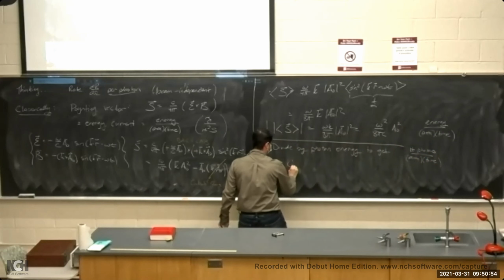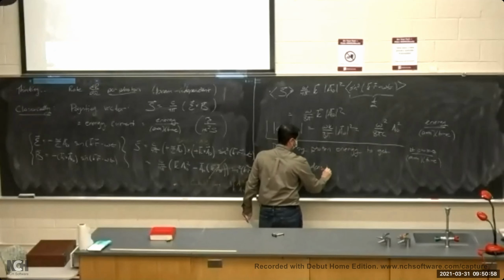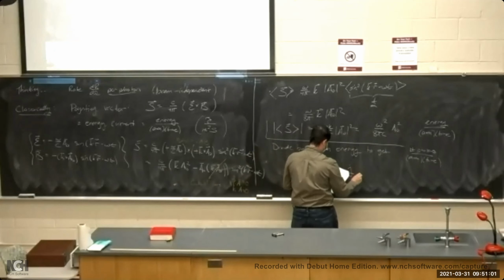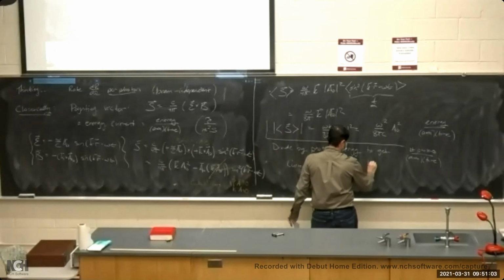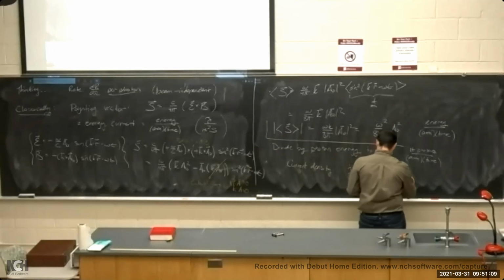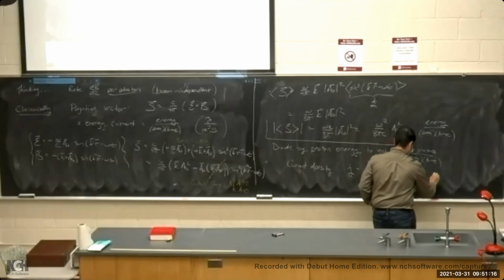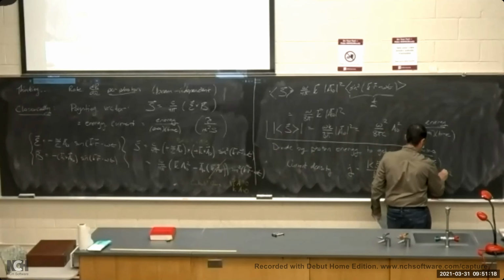So you might call this the current density. Suggestively, you might call it J. It is the magnitude of the Poynting vector divided by h bar omega. And if I divide this out, I get omega over 8 pi h bar c A0 squared.